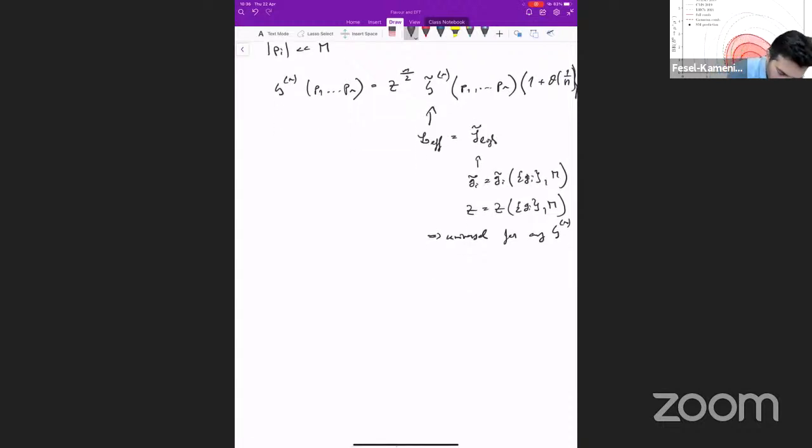So there are two important results of this theorem. There are no positive powers of M appearing in this expression.